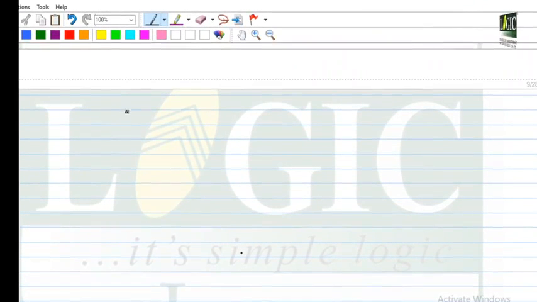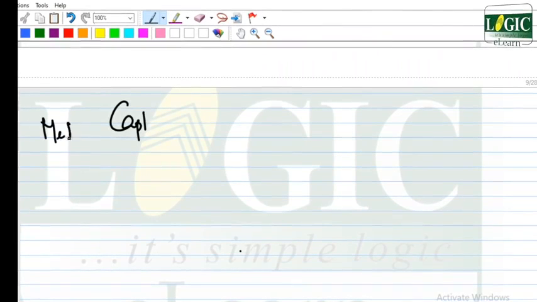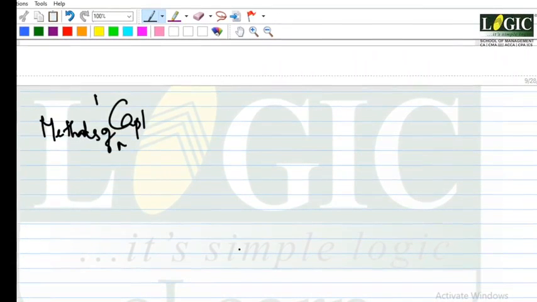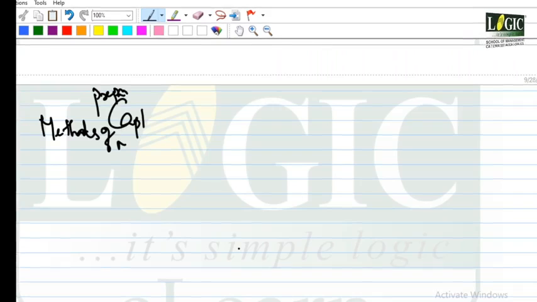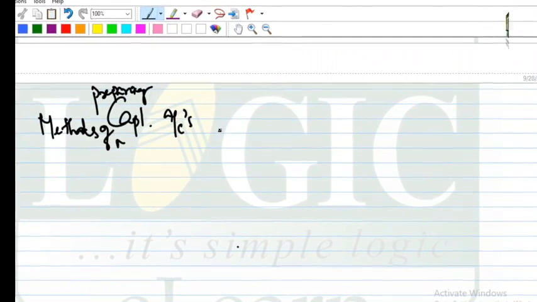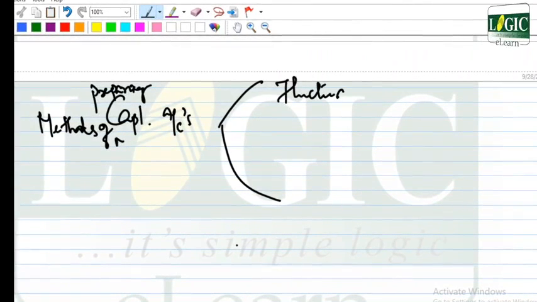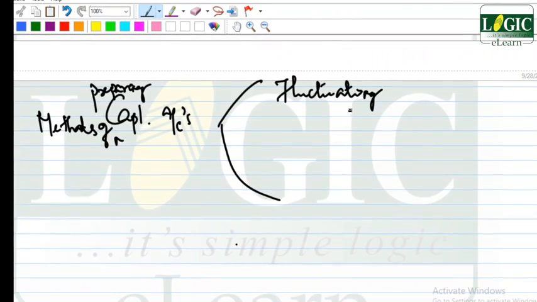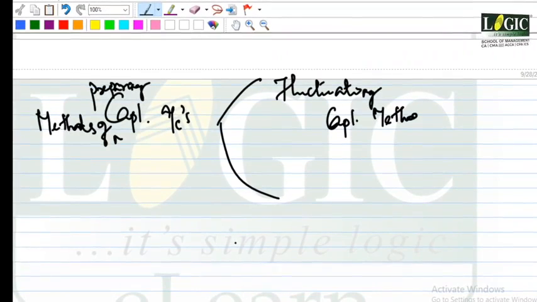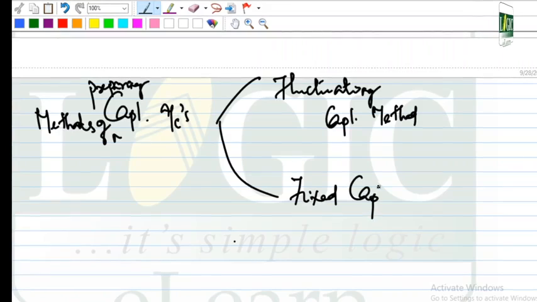So when I speak about methods of preparing capital accounts, two methods are there: fluctuating capital method and fixed capital method.